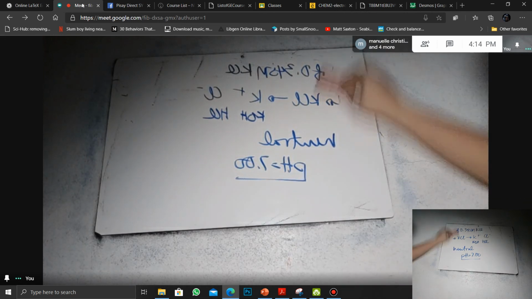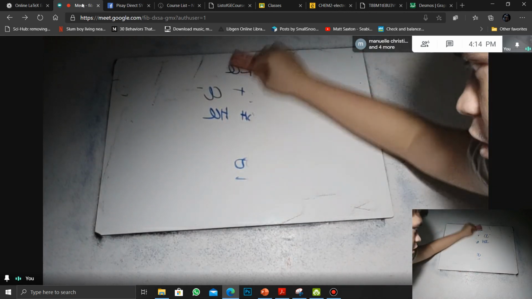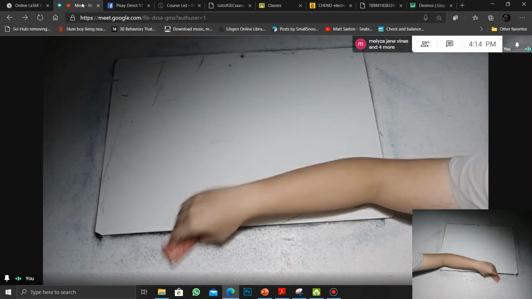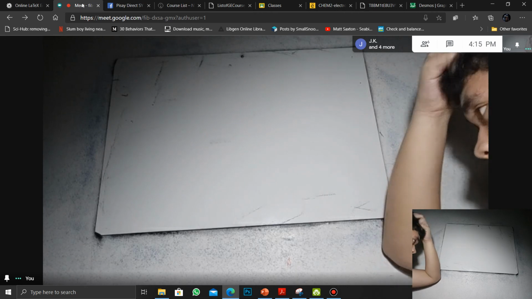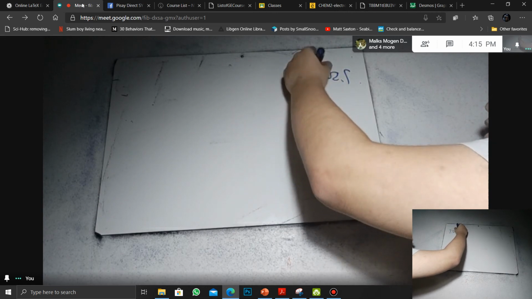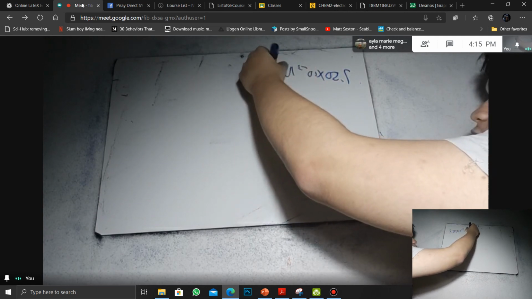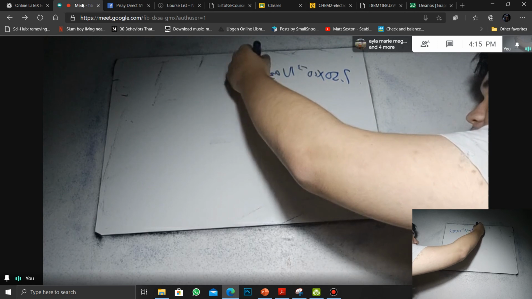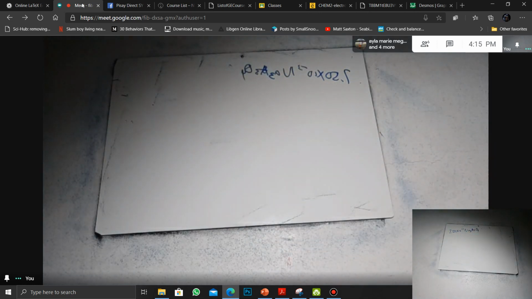Arsenic acid. Ay, sodium arsenate pala to. Sodium arsenate. I'm not sure about the nomenclature, no? pH of 7.50 times 10 to the negative 3 AsO4. I'll be honest, di ako sure kung paano sagutin to. Hindi rin alam ng mga friends ko kung paano.